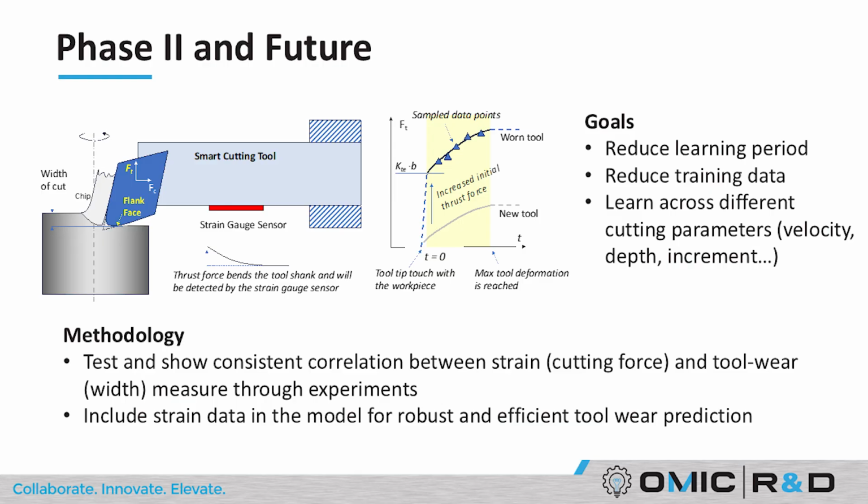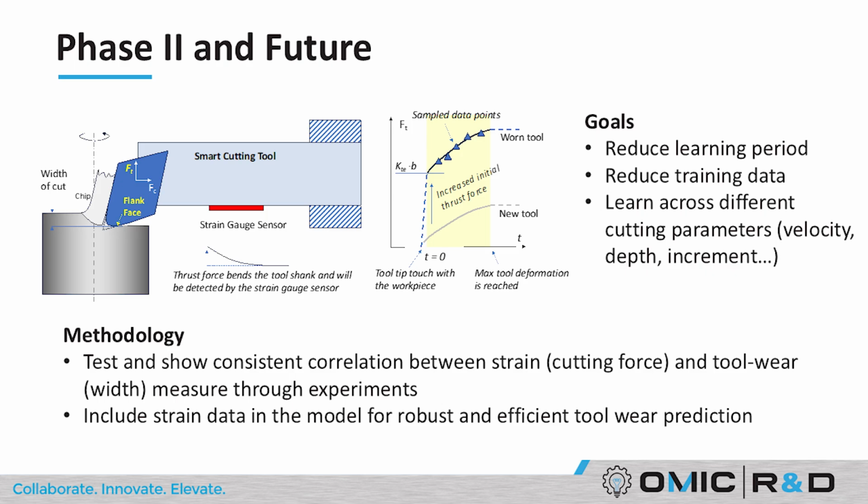So presently, we're working on the secondary phase of this project. From the previous introduction, you can see that we need a certain amount of data in the first stage of the cutting process to learn about the relationship between the sensor data and the tool wear.